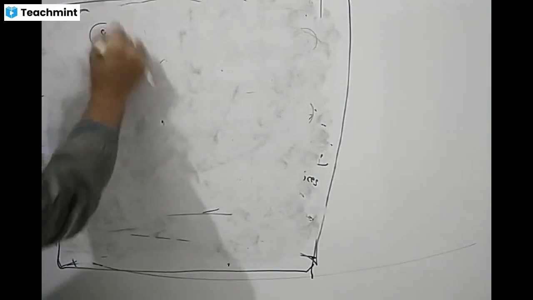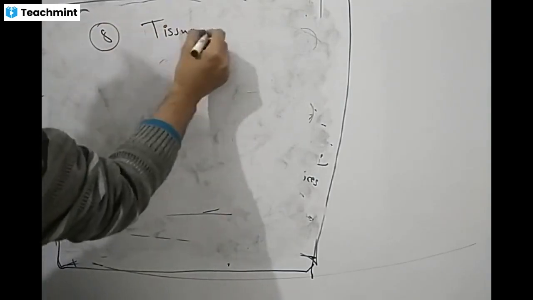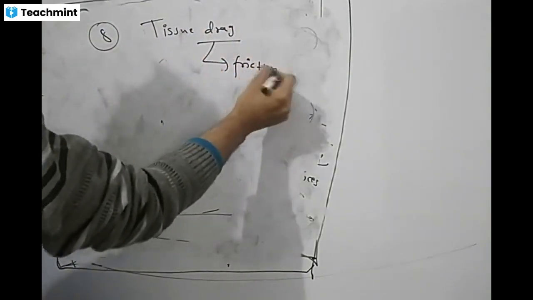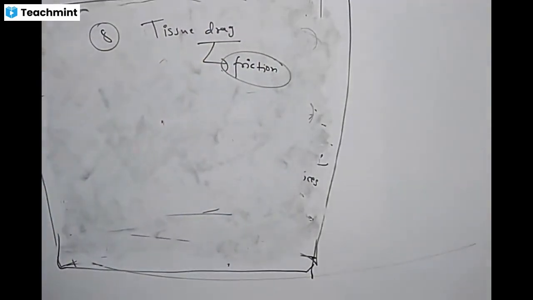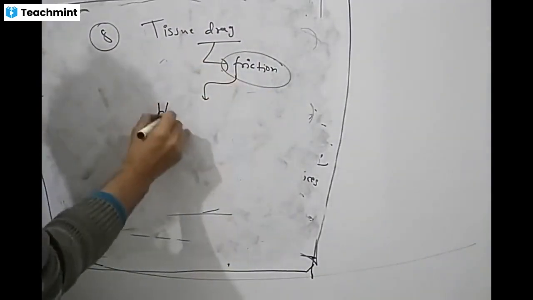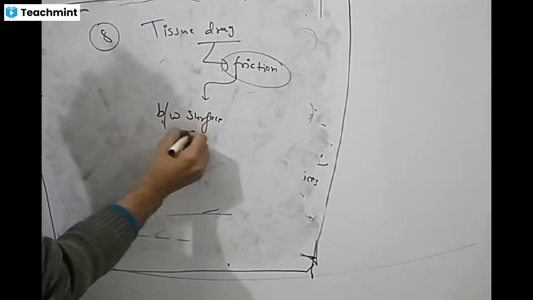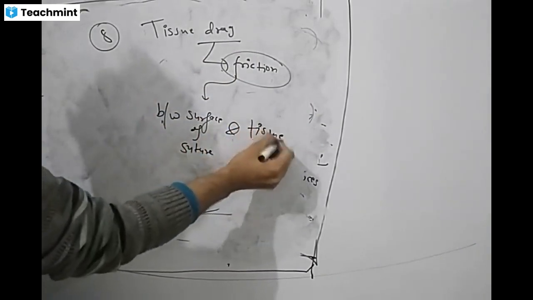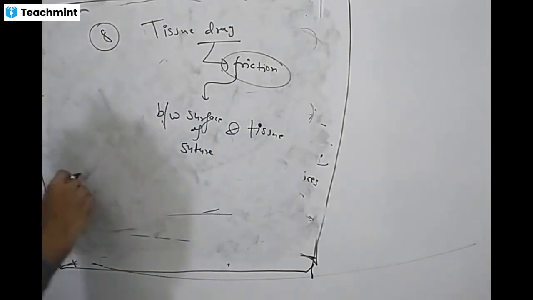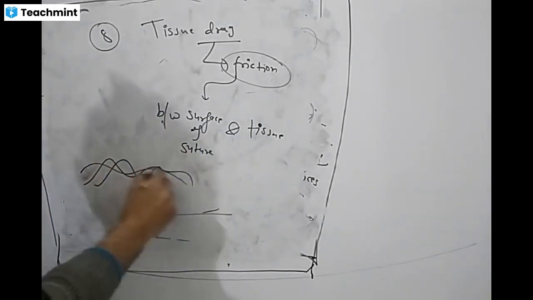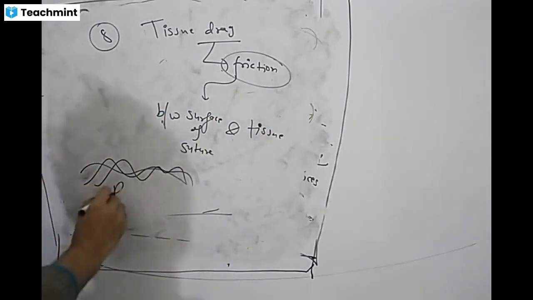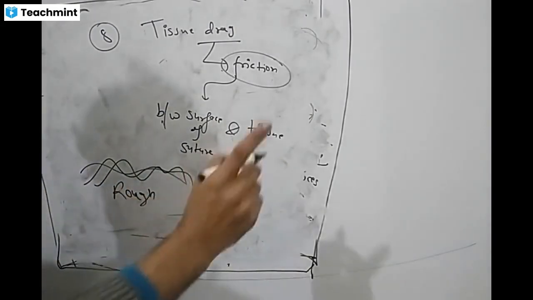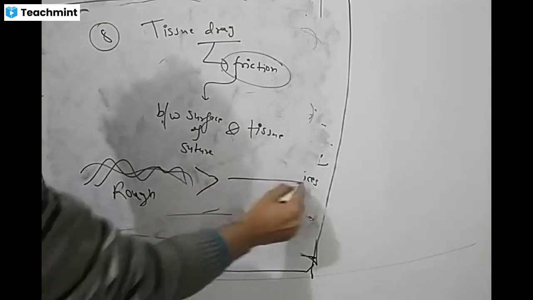Then the next characteristic is tissue drag. Drag means friction. This is the friction between the surface of the suture material and your tissue. For example, the surface of the multifilament suture is rough, and the surface of the monofilament is smooth.